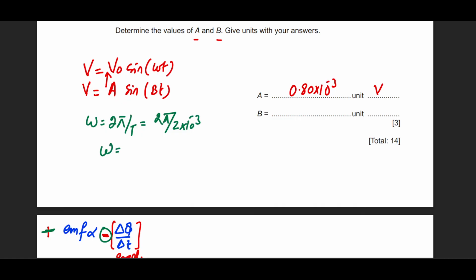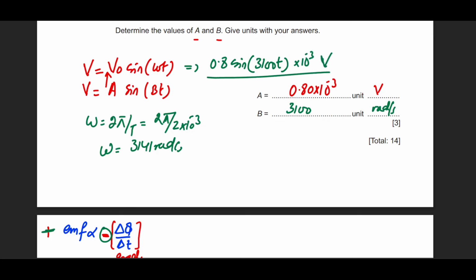So omega comes out as 3141 radians per second. Up to 2 significant figures, this will become 3100 radians per second. So this equation will finally look like 0.8 sine of 3100 t times 10 raised to the power minus 3 volts. This is the equation of the final answer.